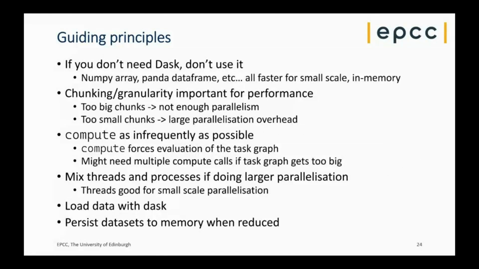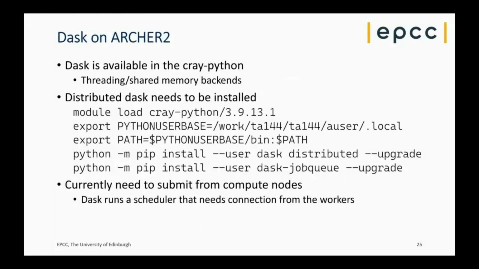To get good performance on Dask, we probably want to load our data with Dask rather than loading our data into NumPy first and then getting it into Dask, or rather than loading it into pandas and then loading it into Dask. It's sensible, if you're doing some work on a data set and then you're reducing it to a smaller size as part of that work, to then store that back as your Dask object rather than keeping the larger data set if you no longer need it, because that can reduce overheads as well.